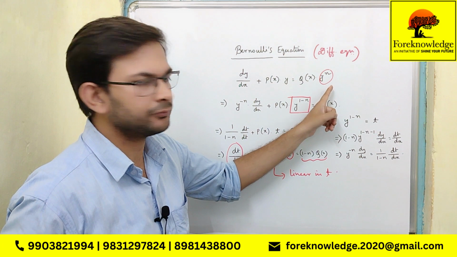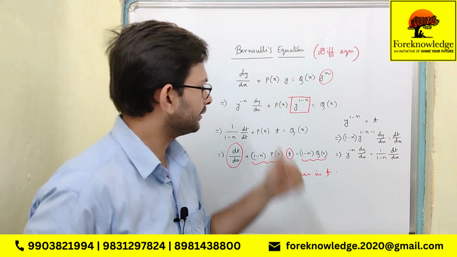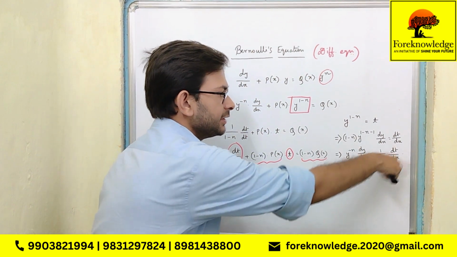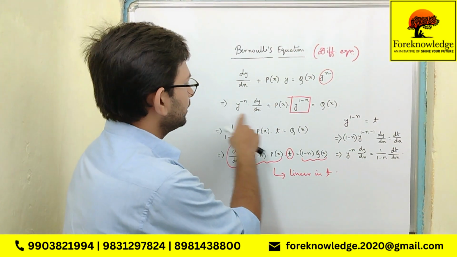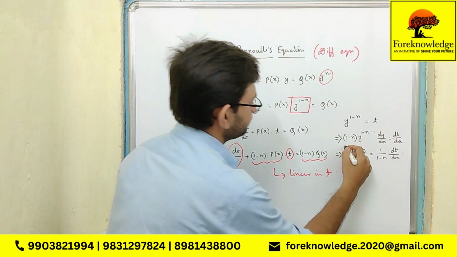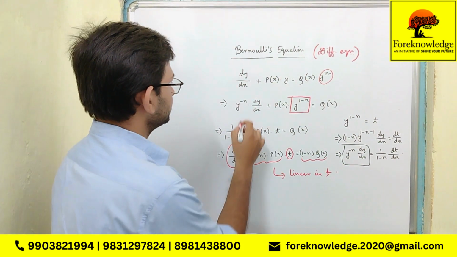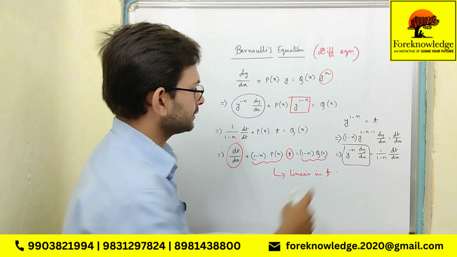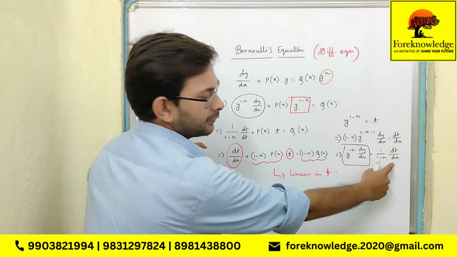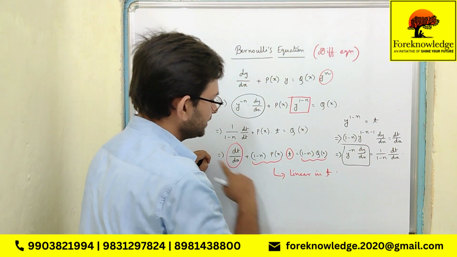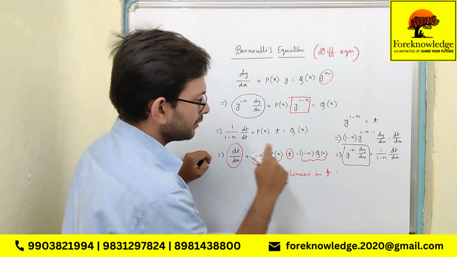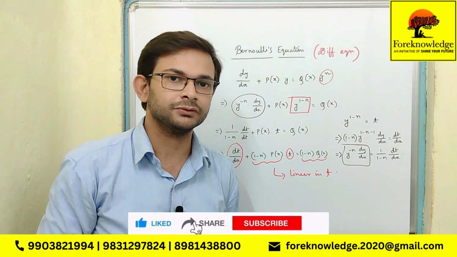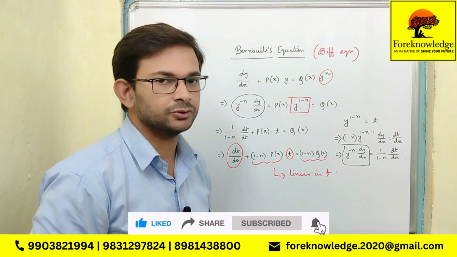We divided by y to the power n, then assumed y to the power 1 minus n as t, differentiated both sides, and replaced the part y to the power minus n into dy/dx by dt/dx, and then simplified. We got a differential equation which is linear in t. Now we proceed with the usual procedure.